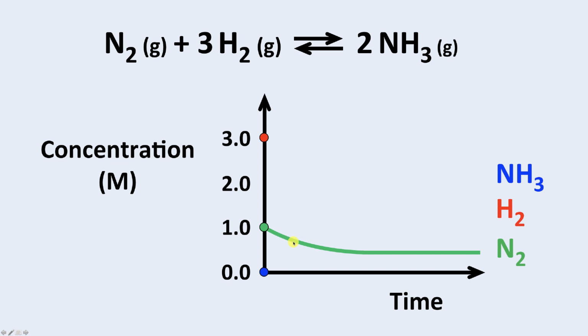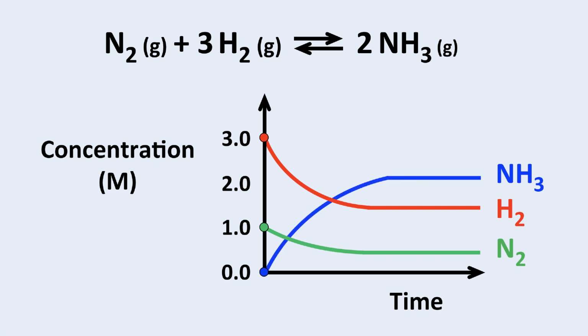So the concentration of nitrogen will decrease and the concentration of hydrogen will decrease. And note that for every 1 nitrogen that reacts, 3 hydrogens react. So the concentration of hydrogen will go down 3 times as quickly as the concentration of nitrogen goes down.